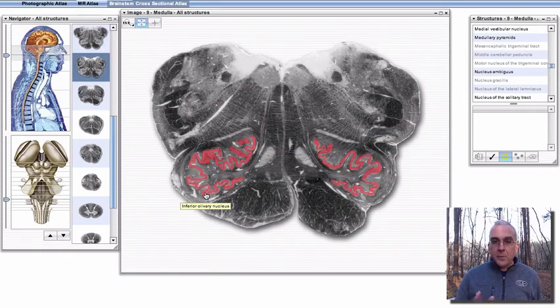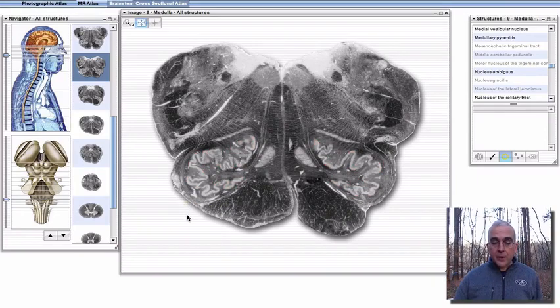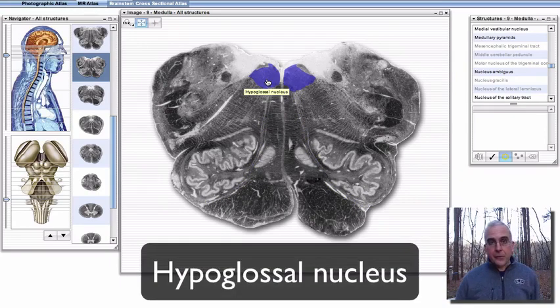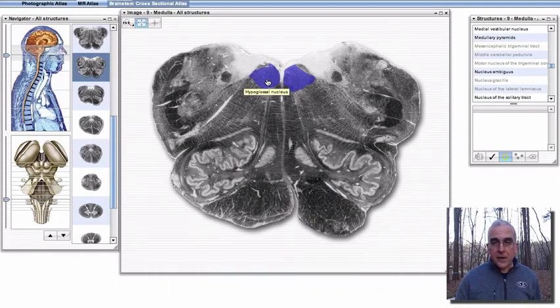Now, you may remember between the olive and the medullary pyramid exits the axons of the 12th nerve, the hypoglossal nerve. We can see the hypoglossal nerve roots here as they pass between the pyramid and the olive. And their source is the hypoglossal nucleus, another somatic motor nucleus that we find on the dorsal midline of the tegmentum in the medulla.